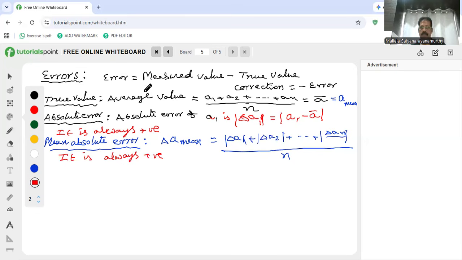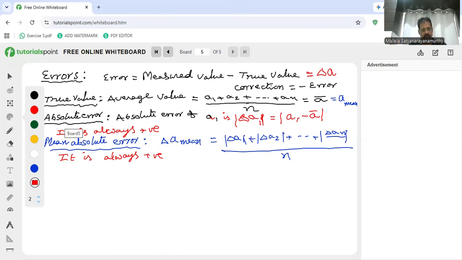So error, you can take it as delta A, let it be. So we have average value, absolute error, and mean absolute error.